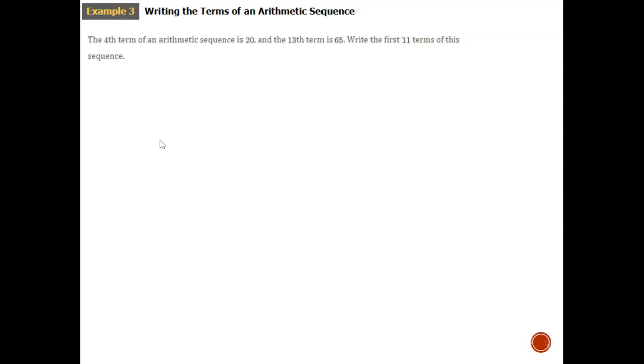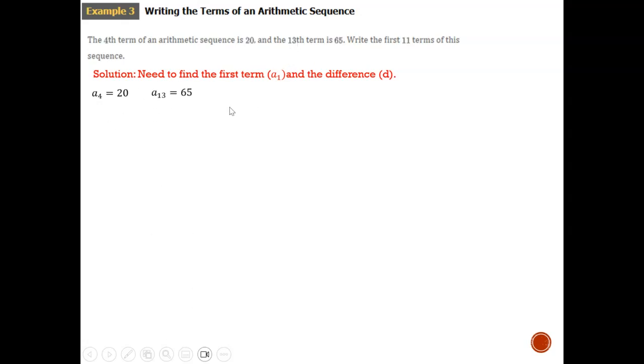Let's see here. I need to find the first term and the difference, so we can put it into the formula. Check this out, guys. a4 is 20, and a13 is 65.